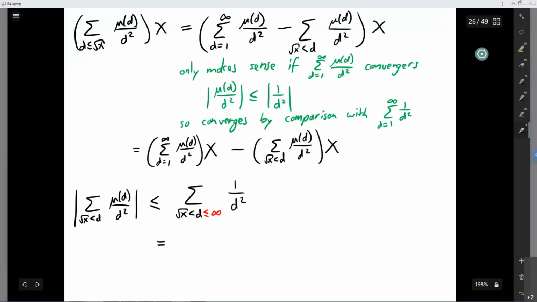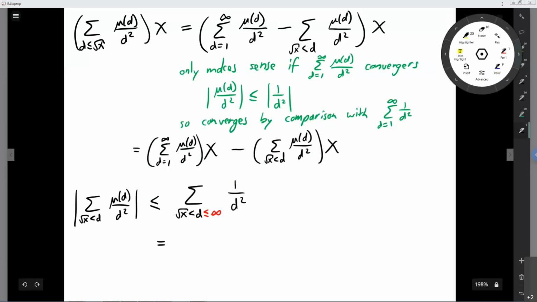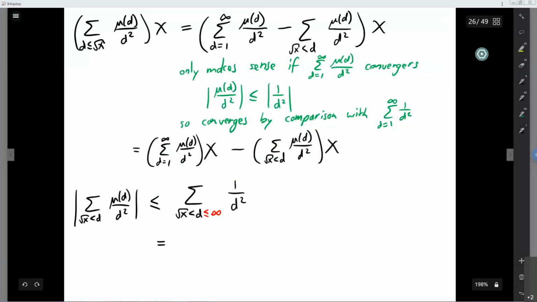Abel summation will tell us, well, I'll write this in green over here. We'll use a sequence of ones. The partial sum of ones is the floor function of t. Our differentiable function is 1 over t squared. So f prime of t is negative 2 over t cubed dt.